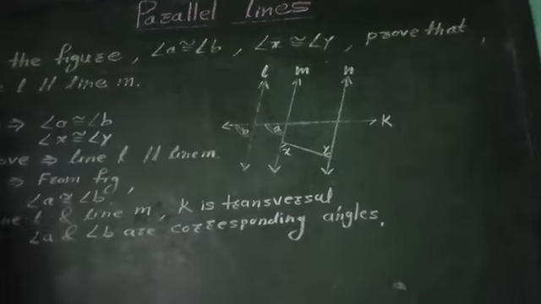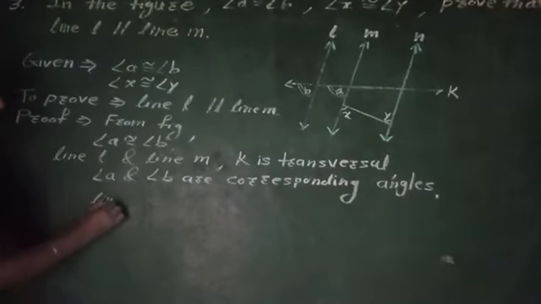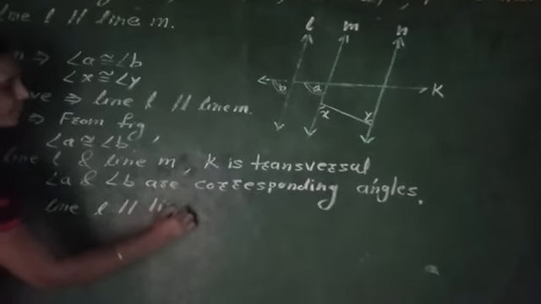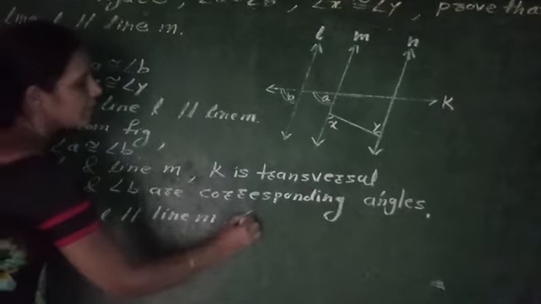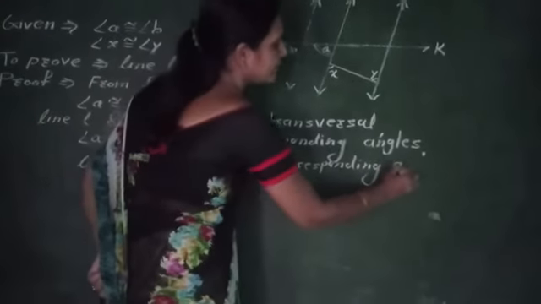So we can say that line L is parallel to line M. Here we write the reason: corresponding angle test.